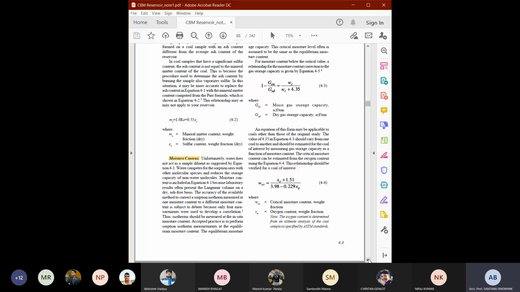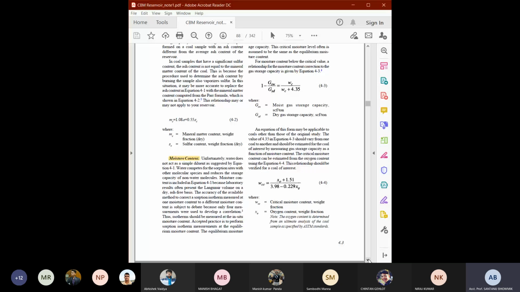So in that case, what will happen? Some part of the total pore volume will already be filled with the moisture, and only the remaining part, maybe 70%, maybe 60%, or maybe 80%, depending on the water saturation, depending on the moisture saturation, is available to the gas particles.